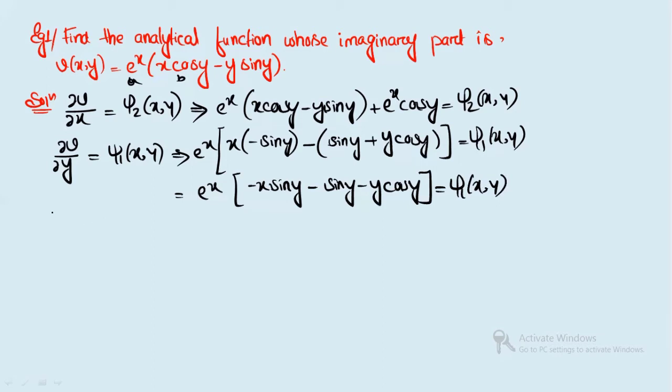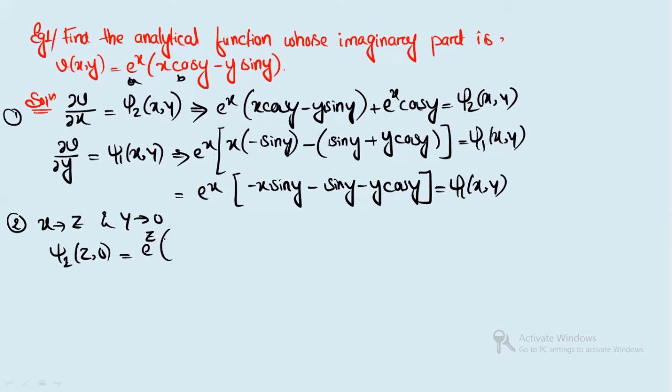Now next we will do what? This is the first step. Second step, replace x by z and y by 0. So when you do so, you will get psi 2(z, 0). So if you do this, you will get e to the power z, right?